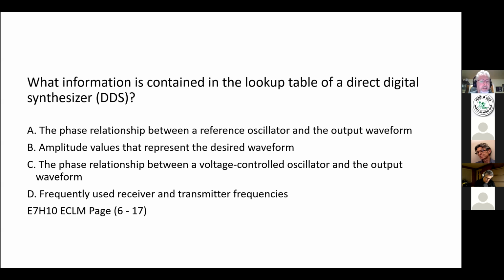Or C, the phase relationship between a voltage-controlled oscillator and the output waveform. Or D, the frequently used receiver and transmitter frequencies. The correct answer is Bravo. Amplitude values that represent the desired waveform is in your lookup table.